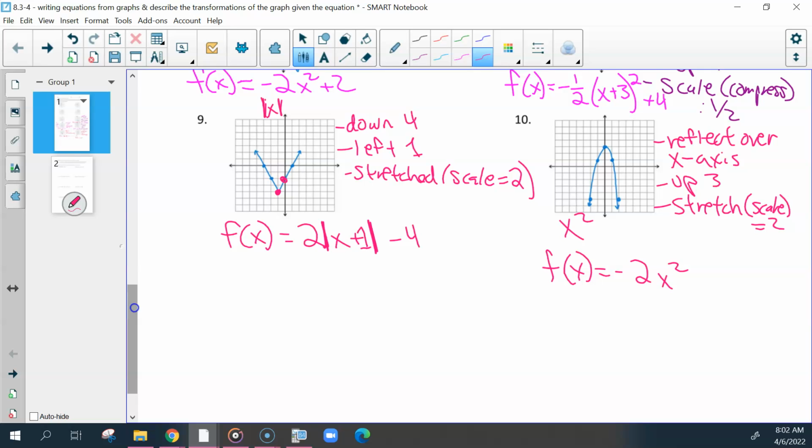Up 3 is vertical, so that's outside, and stretch, or your scale, is outside. So all of these are outside, so we don't need parentheses. You could still put them. But that wouldn't change anything. We're missing one thing, though. Plus. There is a back to this, but that is your next lesson that we'll be doing tomorrow.